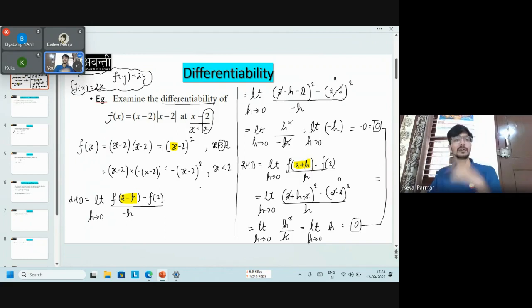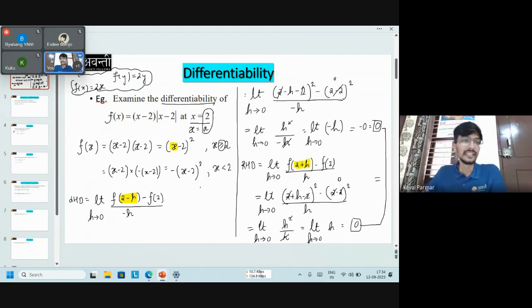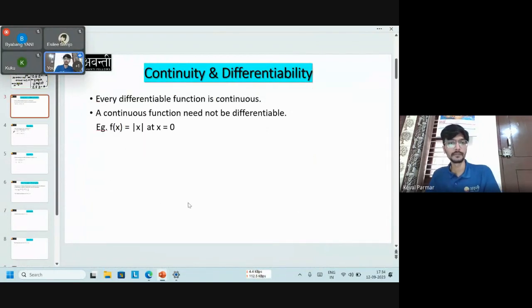So now there is a relation between continuity and differentiability. That is, there is a relation between where the function is continuous and where a tangent can be drawn, or there are no sharp edges. So before that, let me tell you graphically one more thing.